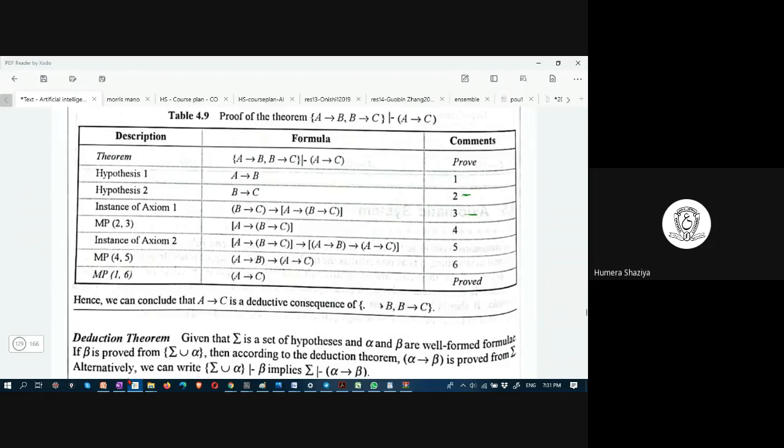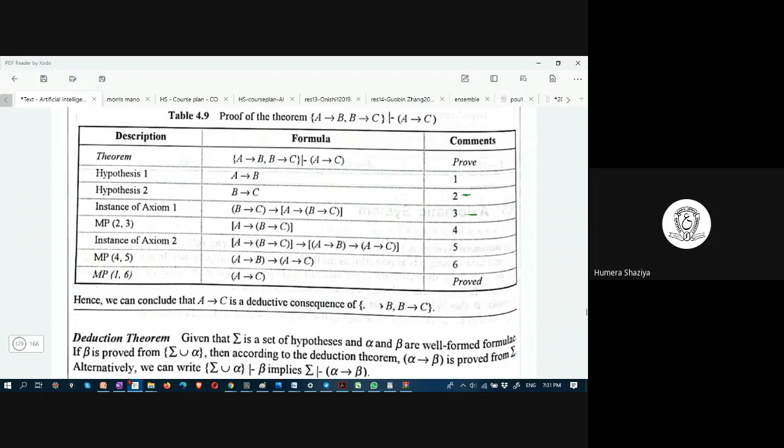After you apply axiom 2 on this statement, then what is obtained? This statement 5 is obtained, on which modus ponens is applied along with the statement number 4. Both 4 and 5, when you give as input to modus ponens, this is obtained. What is this one?